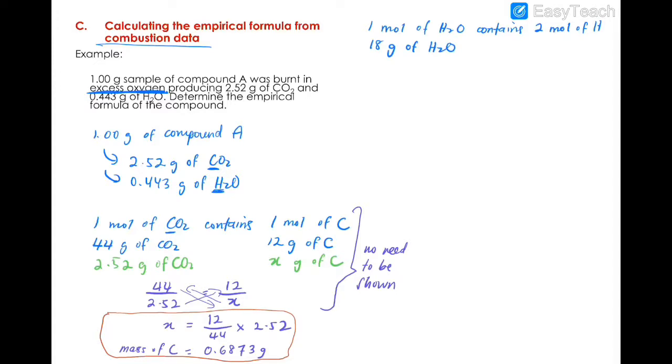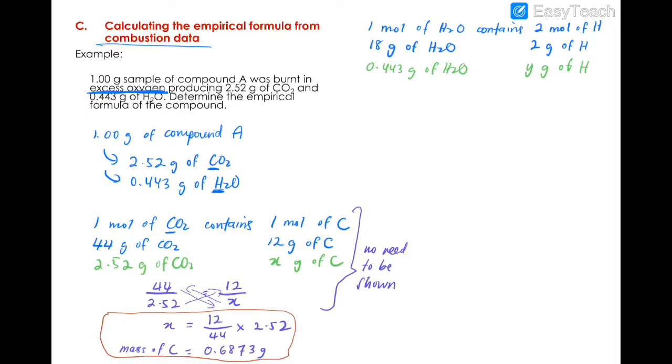Meanwhile 2 mole of hydrogen pula, 1 hydrogen 1 gram, tapi dia ada 2 mole, bermaksud ini adalah 2 gram of hydrogen. But from the combustion, we only get 0.443 gram of H2O. Therefore, berapalah mass of hydrogen yang ada dalam tu? That should be a Y gram of hydrogen.